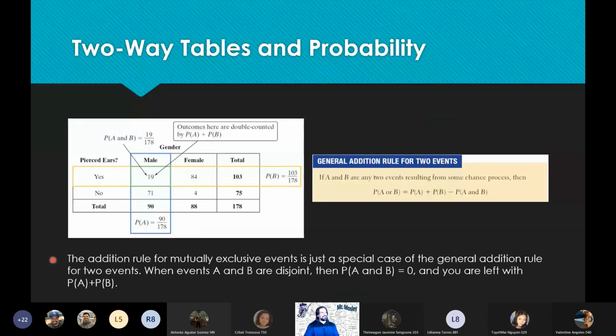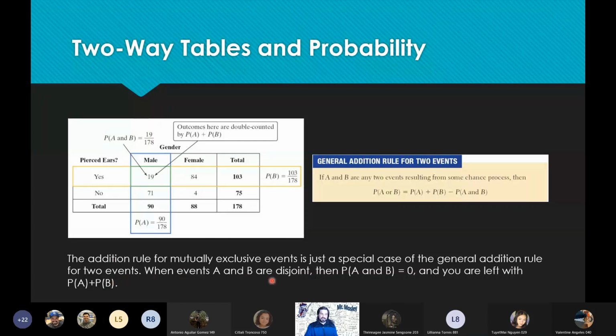One little note here, the addition rule for mutually exclusive events, which we saw on Tuesday, which said if two events A and B are mutually exclusive, then the probability of A or B is equal to P of A plus P of B, is just a special case of the general addition rule for two events.